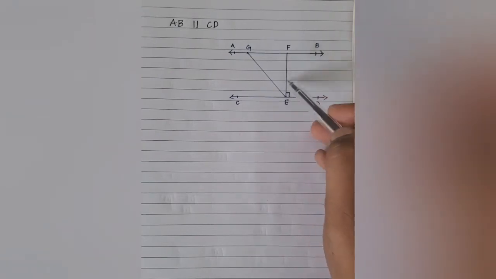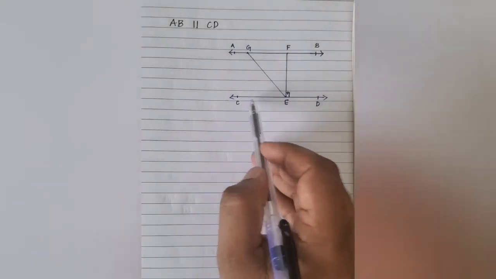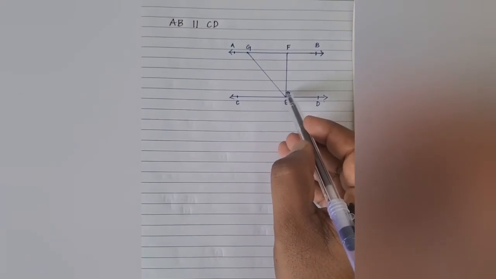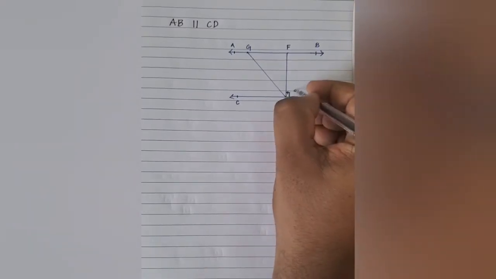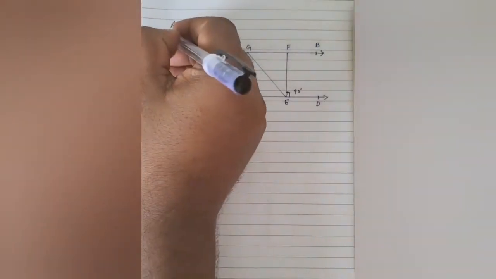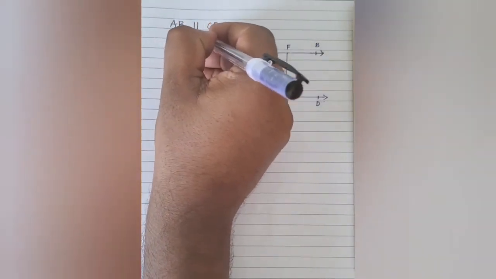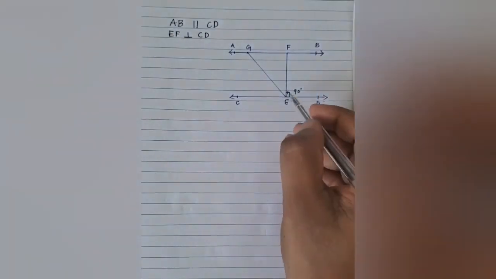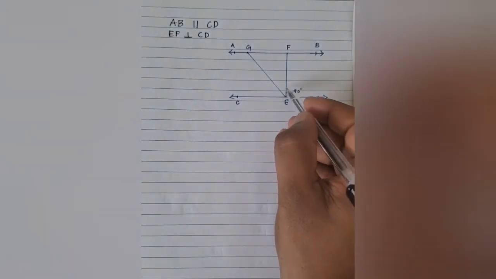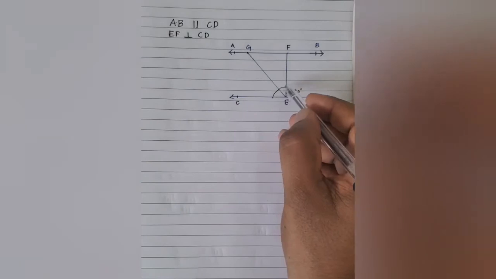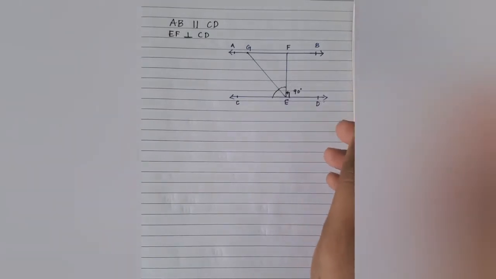This is perpendicular to CD. This is CD, it's already mentioned here. So that means this is 90 degrees. If this is 90 degrees, the other side, the total would be 90 degrees. That's a pretty known fact.